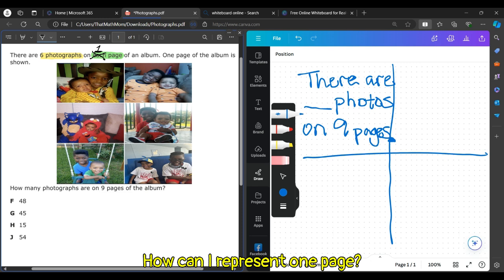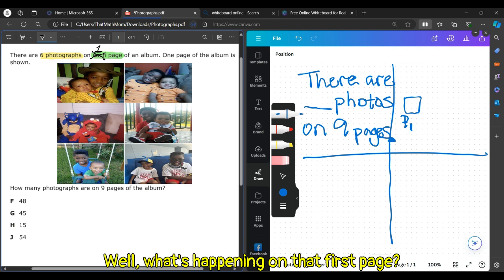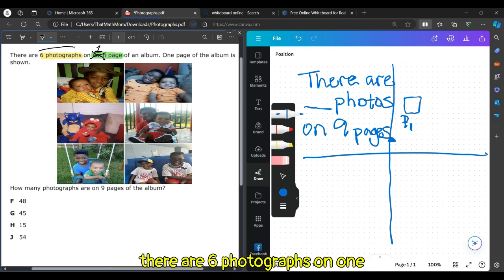How can I represent one page? Well, what does a page look like? Usually a box, some sort of rectangle or square, right? And I'm going to label it. This is one page, or page 1. Well, what's happening on that first page? If we look back at the problem, it says there are 6 photographs on one page.